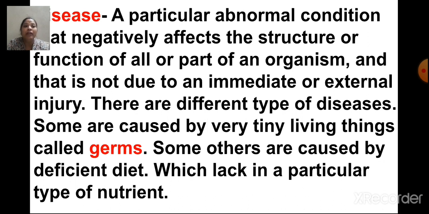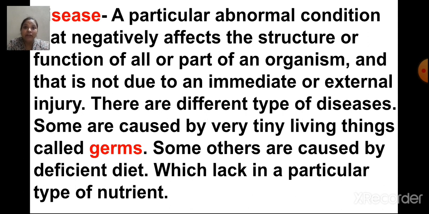There are different types of diseases. Some are caused by very tiny living things called germs. For example, right now we are having a pandemic that is caused due to what? Virus. COVID is caused by a virus. So what is that virus? That is the germ, right, which has caused the disease.